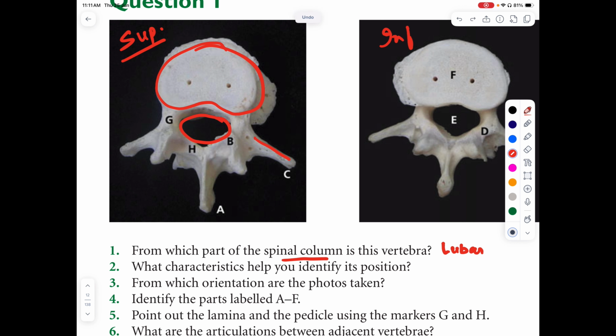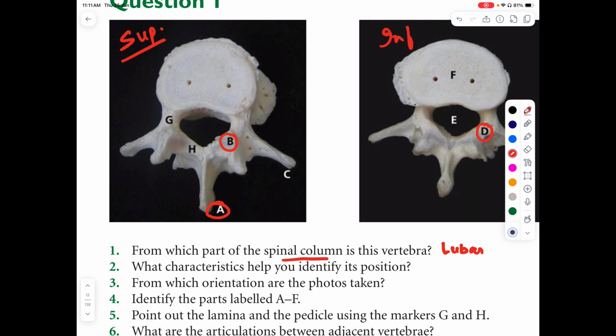Now from orientation of the photo, this is from above. The only thing to differentiate from up and below is this one, B, A to F. A you have seen, spine. B is, if this is superior view, the inferior articular surface. If this is inferior view, the superior articular surface.